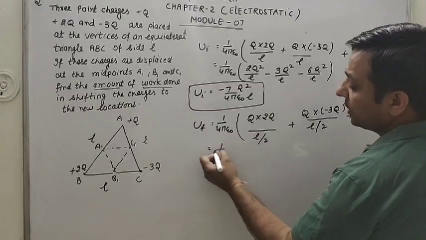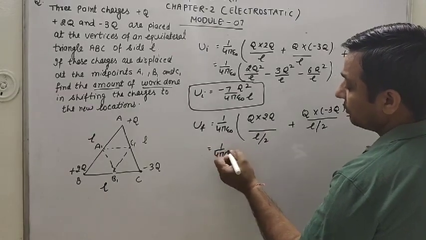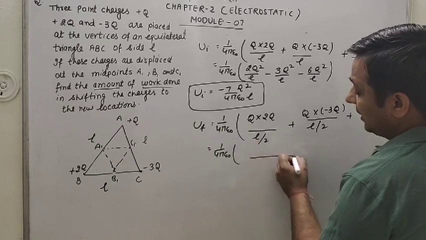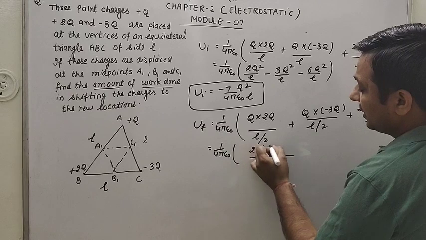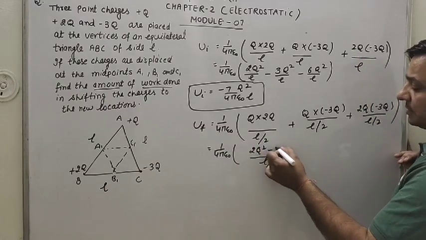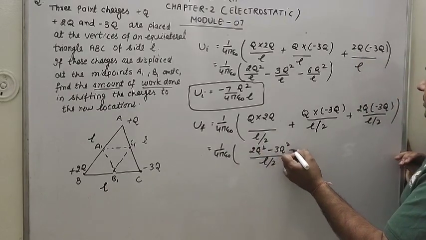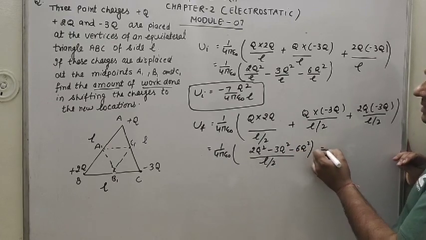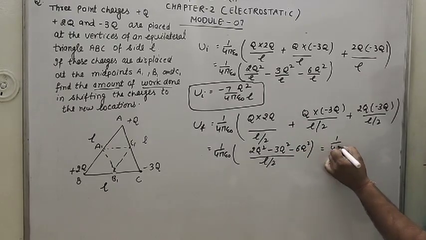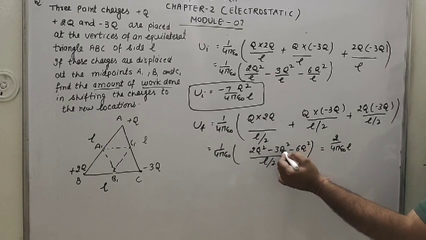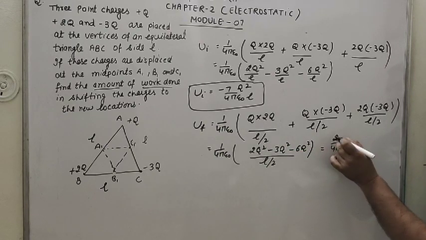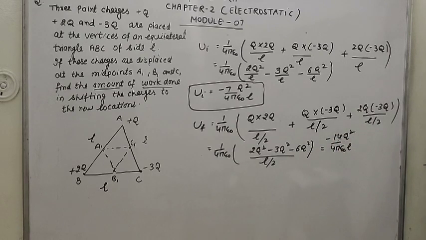That is equal to 1 by 4 pi epsilon naught times L by 2 common, with 2q squared minus 3q squared minus 6q squared. That is 1 by 4 pi epsilon naught L, with the 2 ahead, so 2 minus 3 minus 6 is minus 7, into 2 gives minus 14q squared by L.